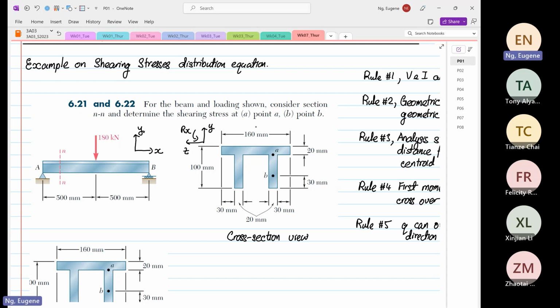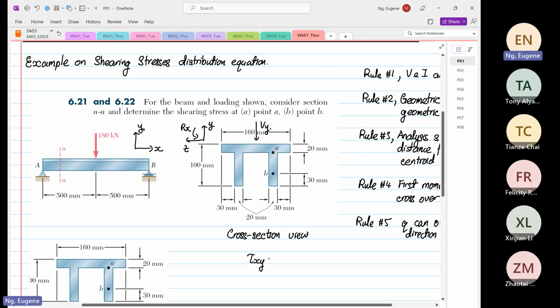And we know over here we have our Vy. And if that is the direction of our Vy, if we look at the formula, so I've shown you why, we are looking for shear XY. So this will be equal to Vy over Izz, Qz over T.